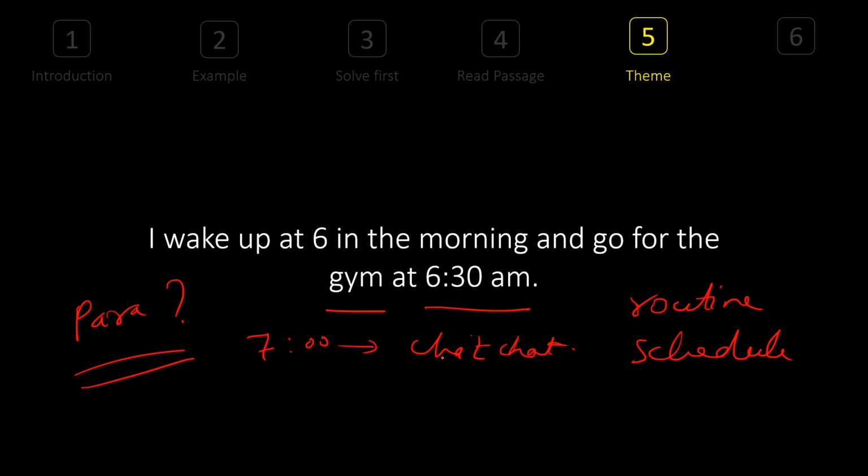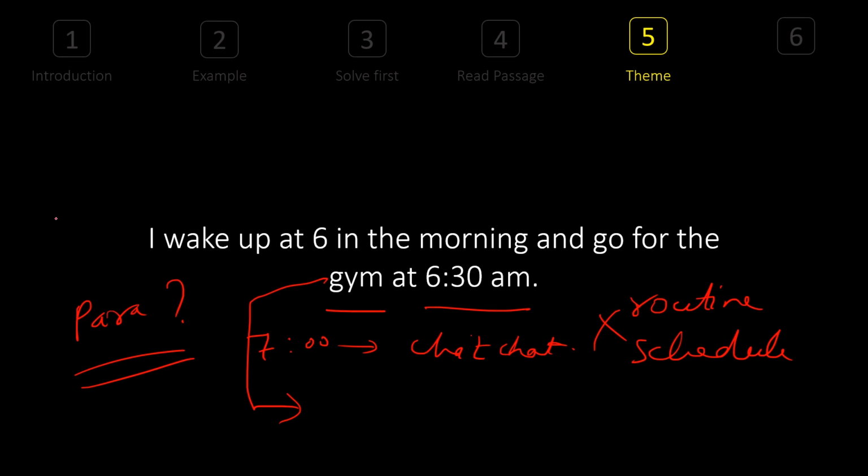After this, what I do is generally have some bench presses and then I have some push-ups. After that, following to this, I keep going on and keep talking about gym, what exercises I do and all those stuff. So is it about my routine or schedule? Of course not. It's about the gym. It's about how much I love exercises, right? And how much I love doing it.